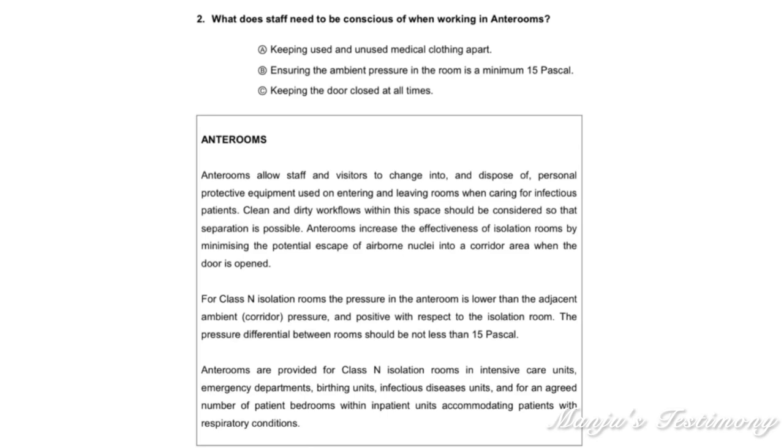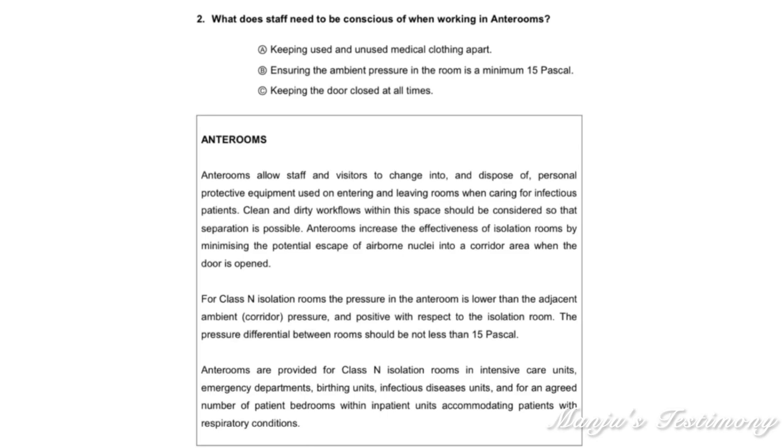But when compared with the isolation room, the pressure inside the anteroom should be positive. Why is it like that? As I told you before, inside the isolation room it should be negative in order to prevent the escape of air particles from the isolation room to the anteroom.